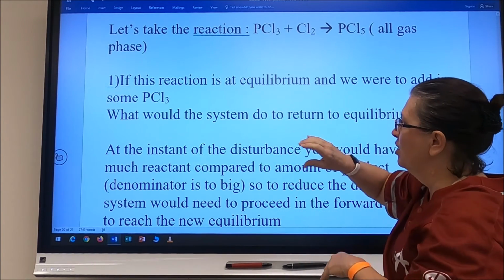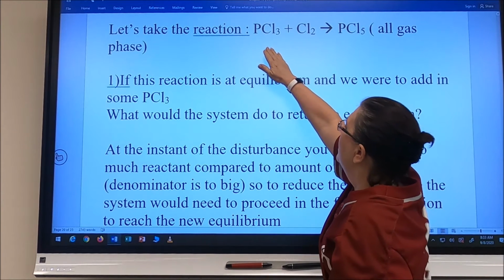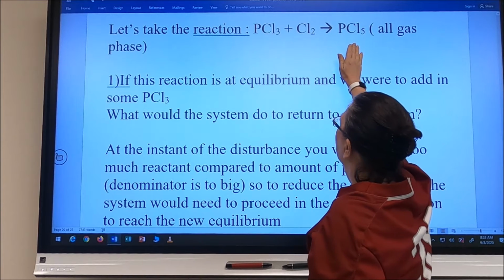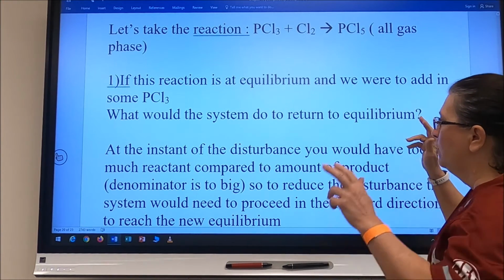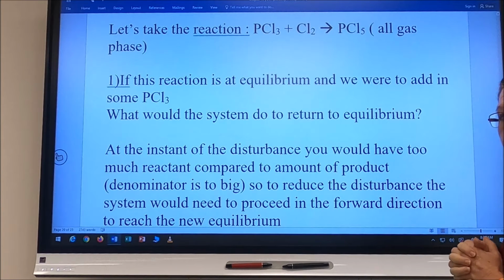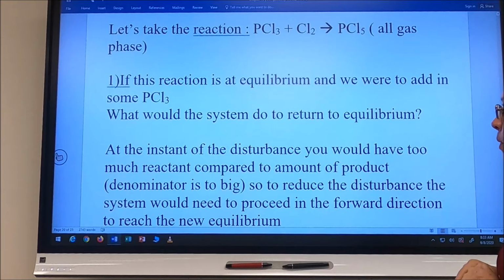In our equilibrium expression, the denominator is too big. So if I've added in reactant, and I have too much reactant compared to product, this system is going to want to run in the forward direction to get back to an equilibrium position. So we disturb the system, and it's going to run in the forward direction to eliminate the problem.